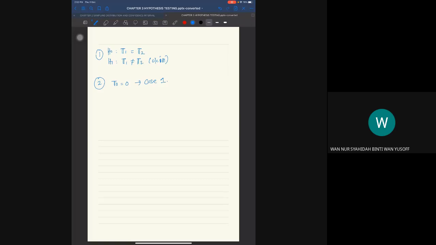Okay, so you need to calculate the full sample proportion. So P1, P2. As I mentioned, for the test statistic we have to follow the hypothesis.